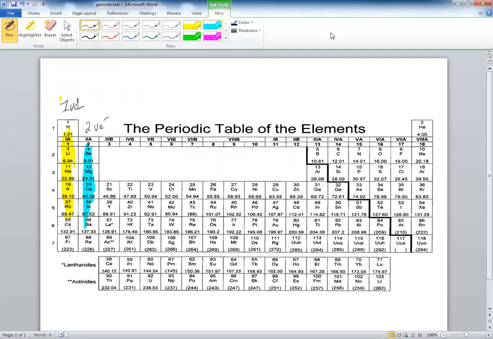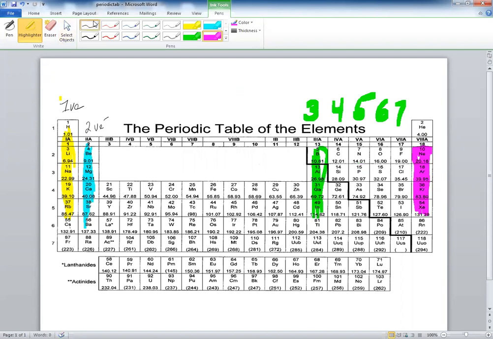And then you jump all the way to 3, 4, 5, 6, 7. And of course, when it comes to the last one, the noble gases, 8 is neon and below, right here.